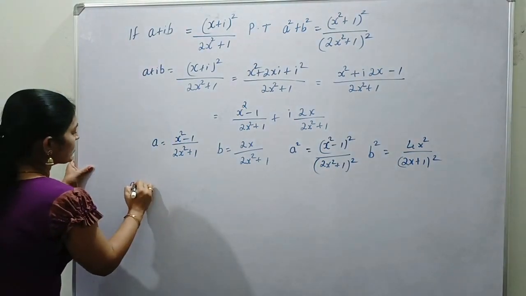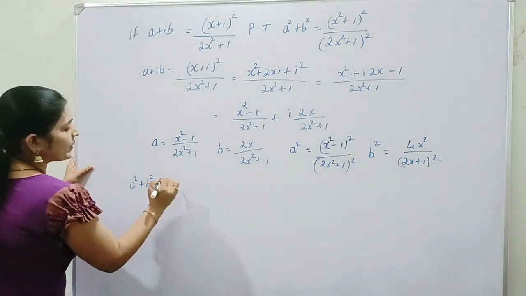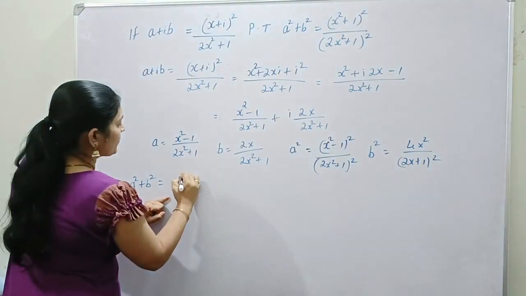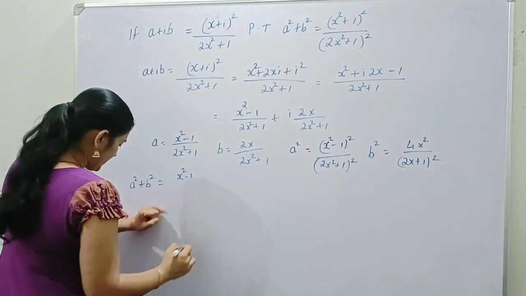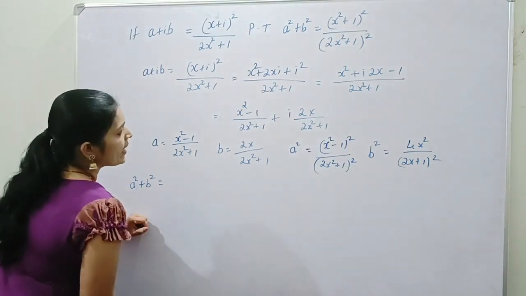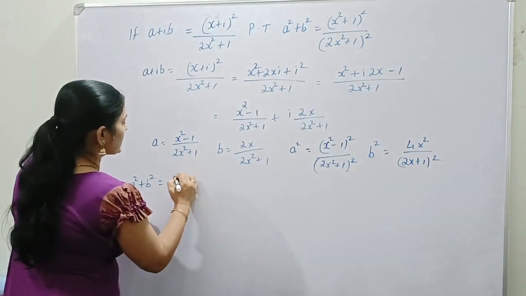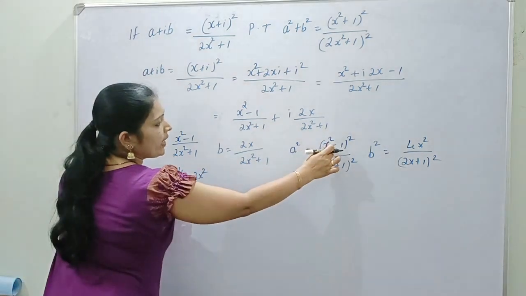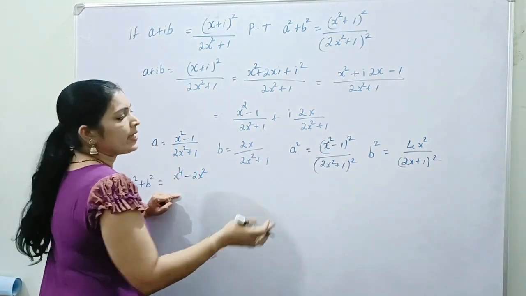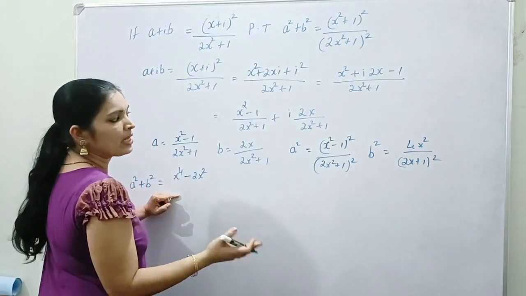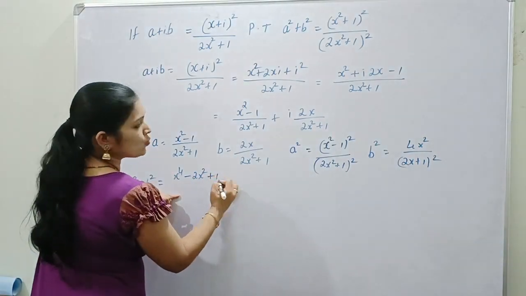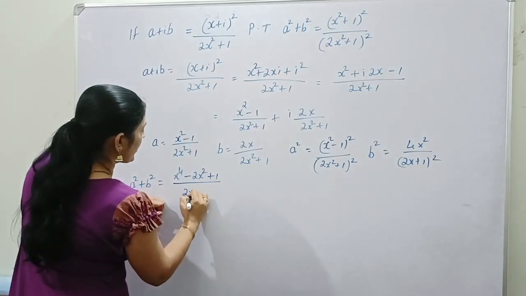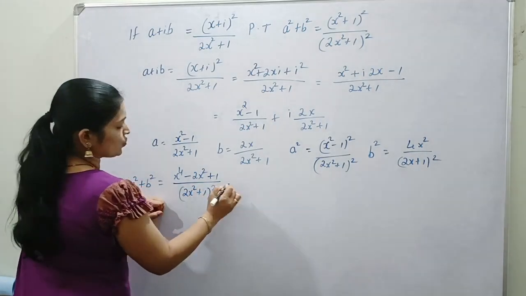Now what is a square plus b square? Let us see. (x square minus 1) whole square, simplify: x raised to 4 minus 2x square plus 1, using (a minus b) whole square equals a square minus 2ab plus b square, divided by (2x square plus 1) whole square.